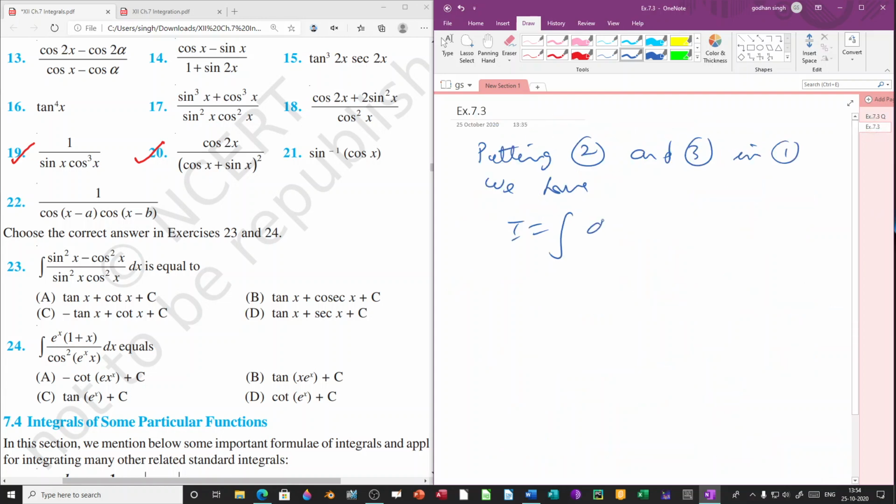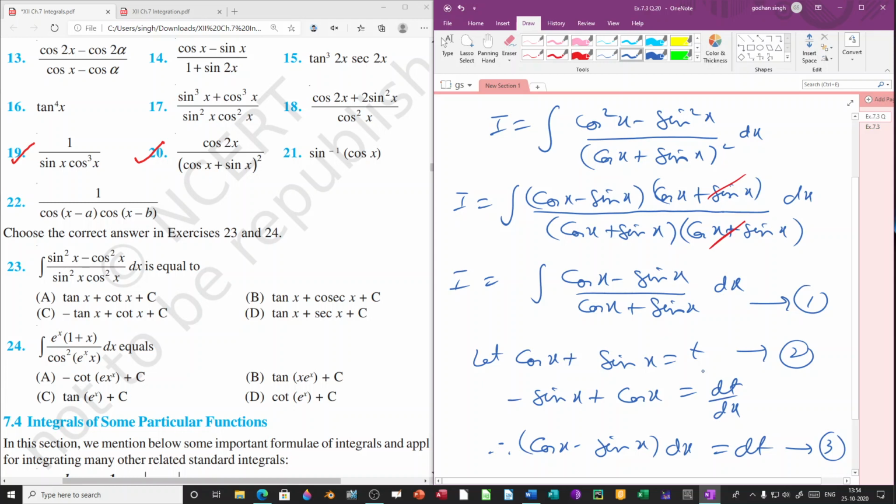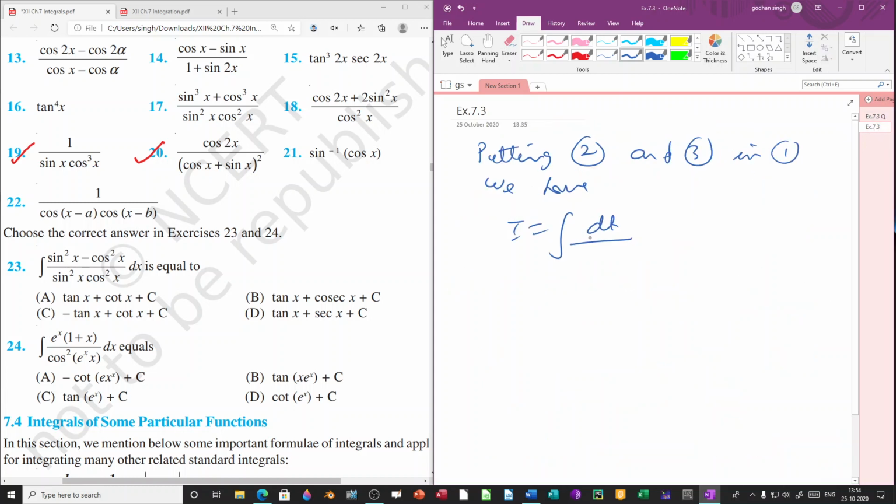So we write dt over, and in the denominator cos x plus sin x, that is t, because cos x plus sin x is equal to t, so we can replace it with t. So this is what we get: I equal to integration of 1 by t dt, and we know the integration of 1 by x dx is log mod of x. So therefore I equal to log mod t plus c.